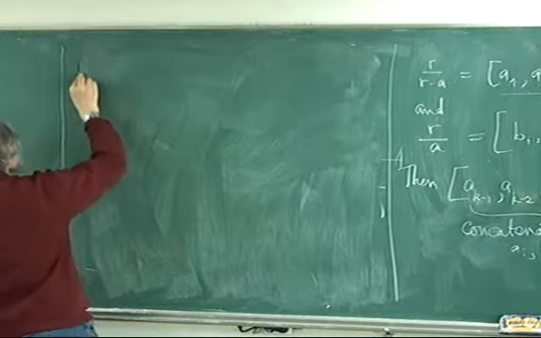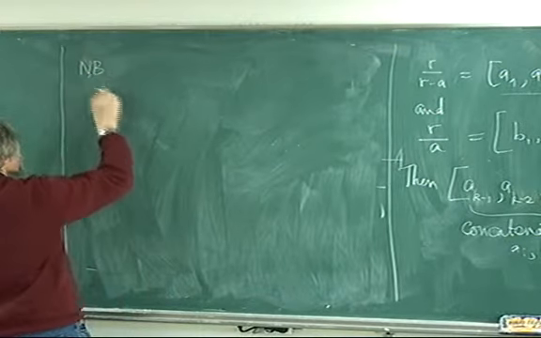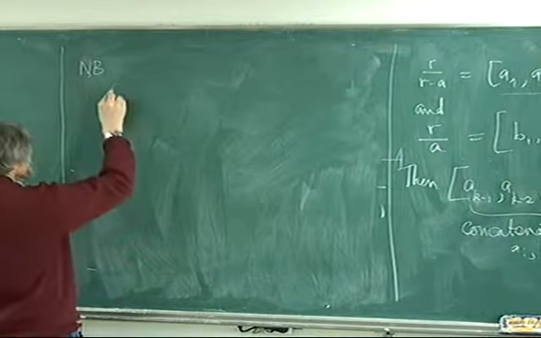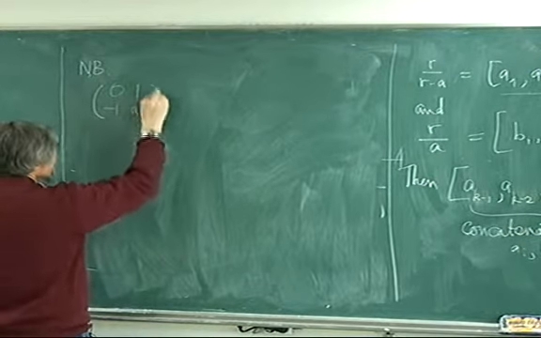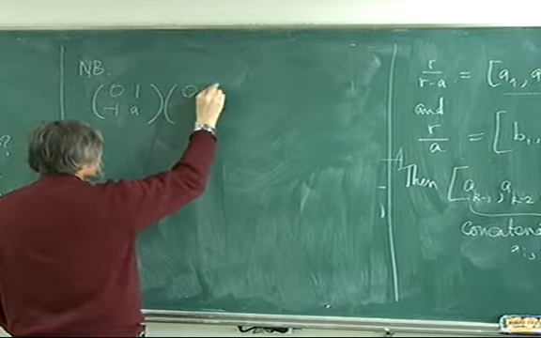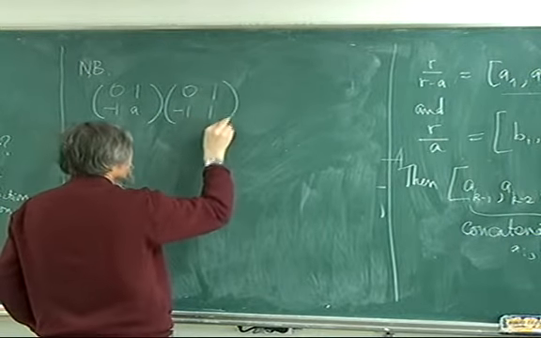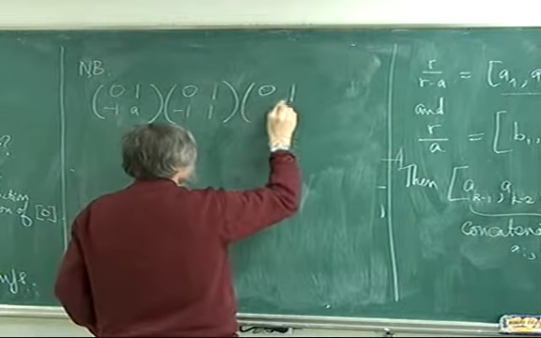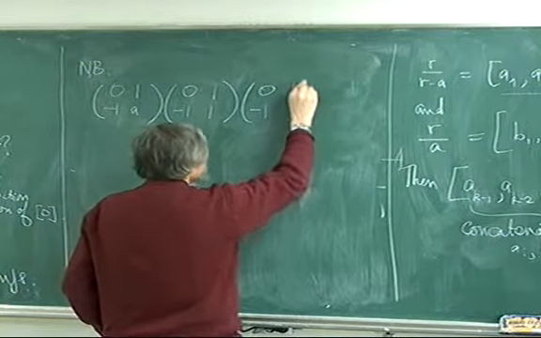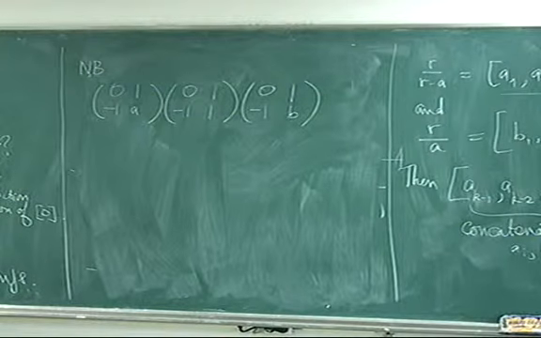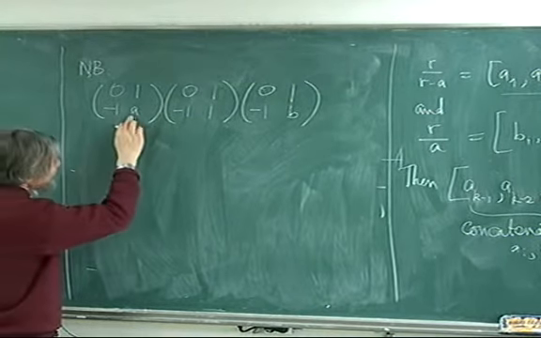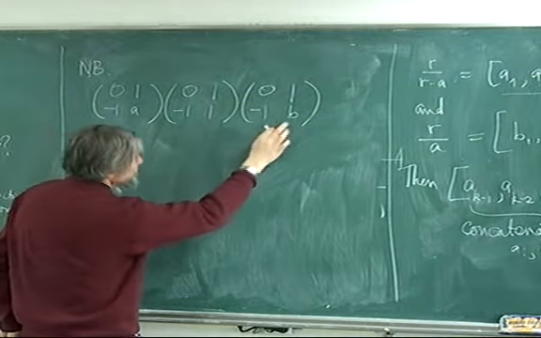So notice, if I do 0, 1, minus 1, a, product 0, 1, minus 1, 1, product 0, 1, minus 1, b. So I'm doing this continued fraction here with an a, and then a 1, and then a b.